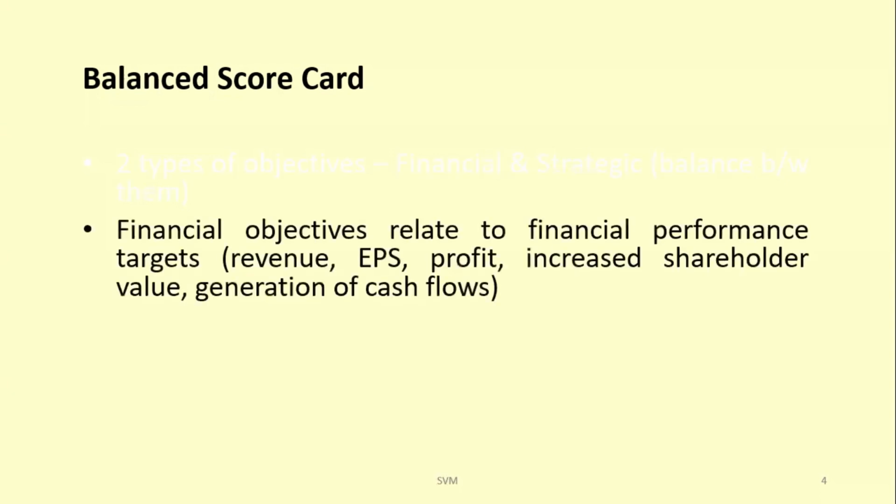When you come to financial objectives, they relate to financial performance targets. Maybe it is related to revenue, earnings per share, profit, increased shareholder value, or generation of cash flows. For example, you may have a measure as increase in revenue, with a target like achieve a 10% increase in revenue compared to the previous year.